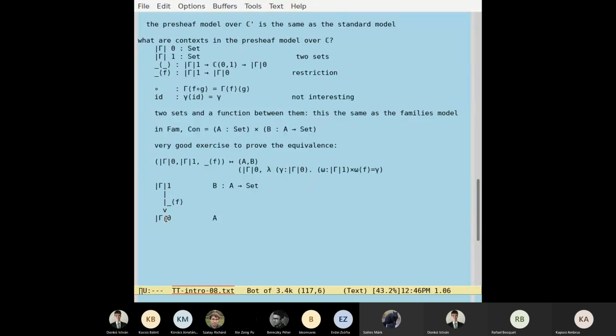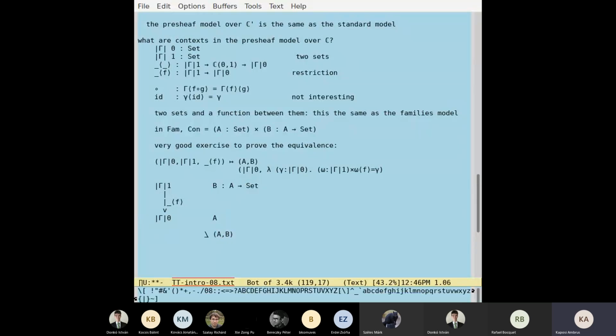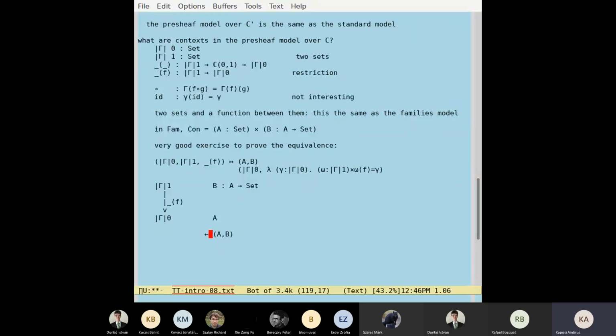Okay. So this is this conversion, and the other direction is even simpler. So what if I have a B, and then I want to map to, sorry, what do I map to?